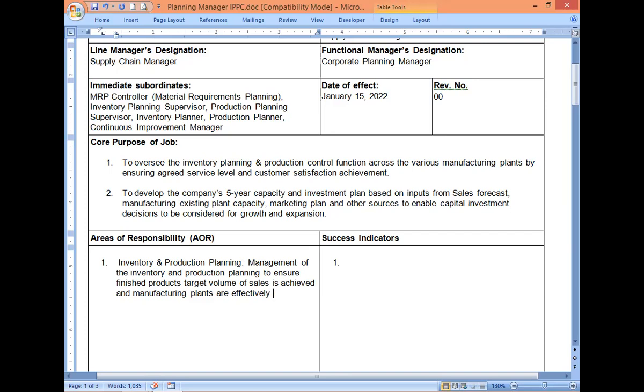Are effectively, what would I say next? Utilized, right? So manufacturing plants are effectively utilized. The problem when you have an underutilized manufacturing plant is that there are lots of fixed costs, so the cost will go up.